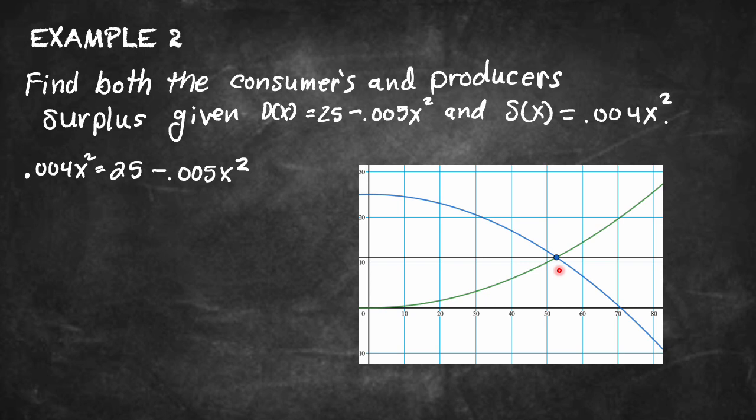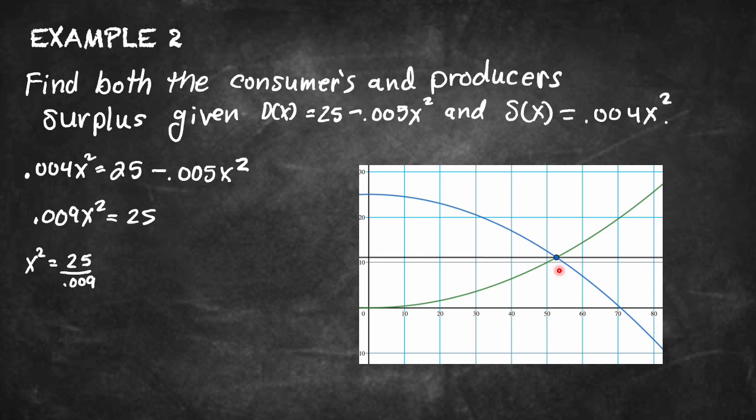So setting the two equations equal to each other, we have 0.004x squared is equal to 25 minus 0.005x squared. When I add 0.005x squared to both sides, I'm going to get 0.009x squared is equal to 25.